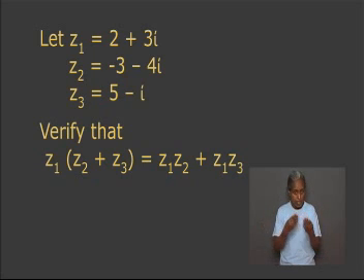Given these values, verify that Z1 times the sum of Z2 and Z3 is equal to the product of Z1 and Z2 plus the product of Z1 and Z3. You may begin.